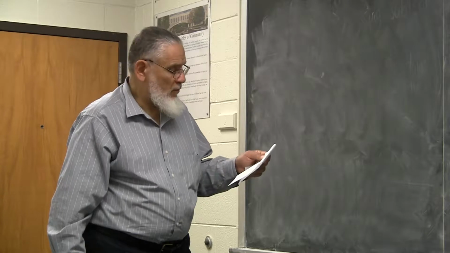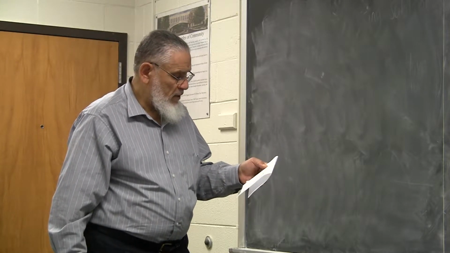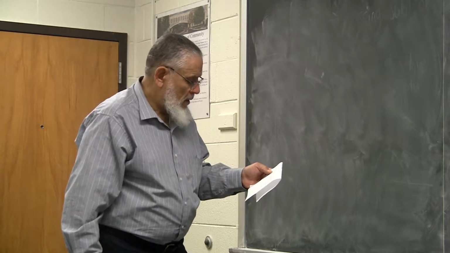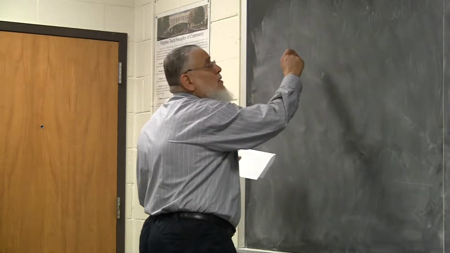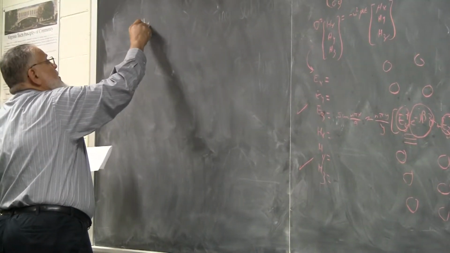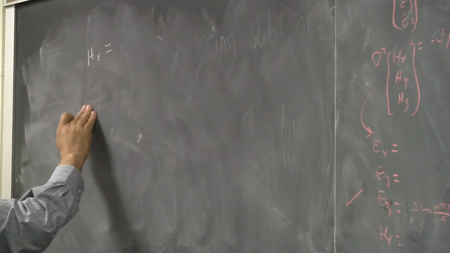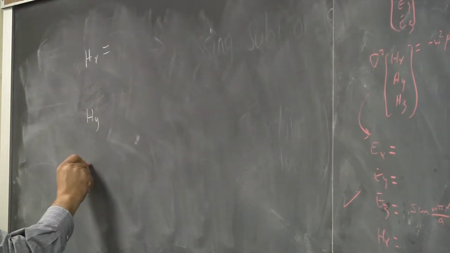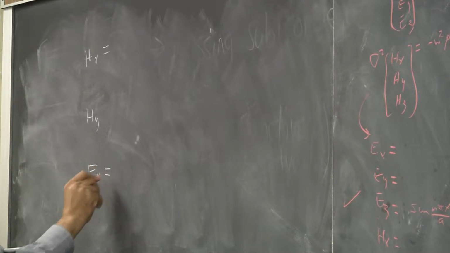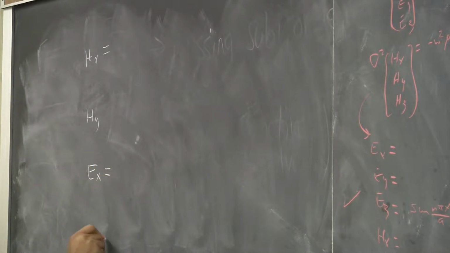I'm not going to do the derivation for this part here. It's straightforward. You can rewrite those as H sub x is equal to, H sub y is equal to, let me leave some space here, E sub x is equal to, E sub y is equal to.